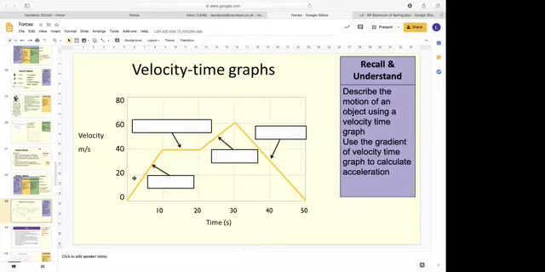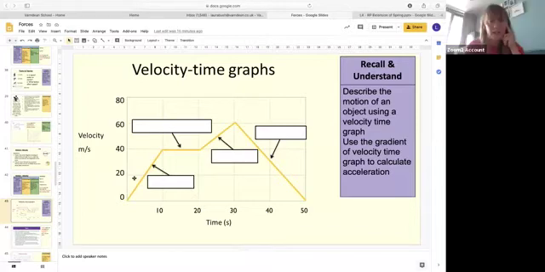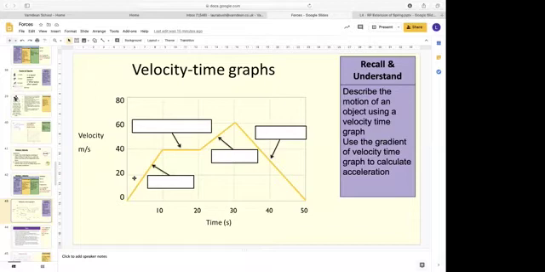Hi, Miss, you've gone again. Hello, year 10. Acceleration. Sorry. Still jumpy. Can you hear me? Oh, it's just said it's coming up unstable. Yeah, you're still jumpy.